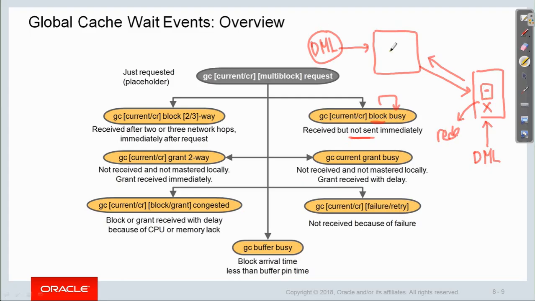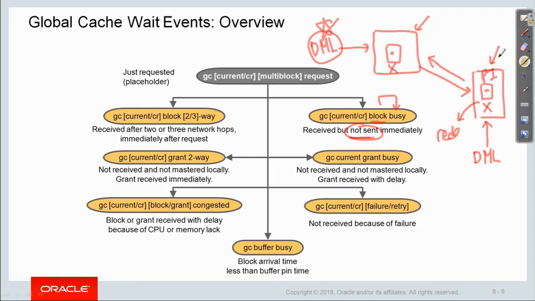And eventually this block will be copied over to here, and then I can do another operation. The block that was current becomes a PI block, past image. Okay, so this session is waiting until this job is done. So it's because of concurrent transactions through multiple instances. So internal job must be done. So you may have to check concurrent transactions across instances if this is a major issue.